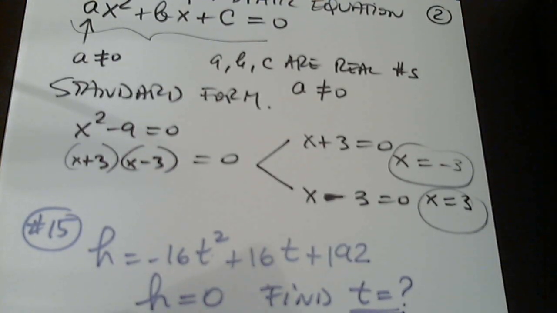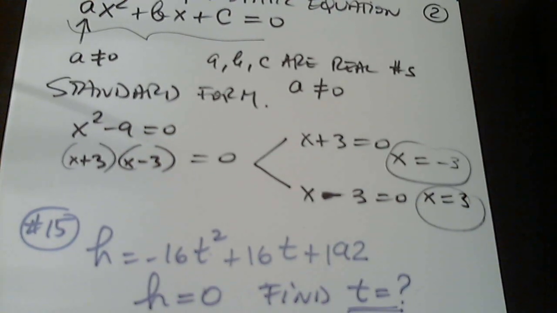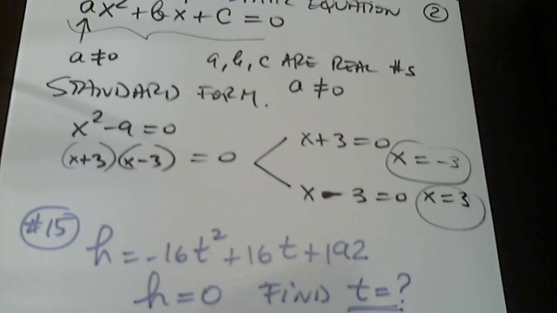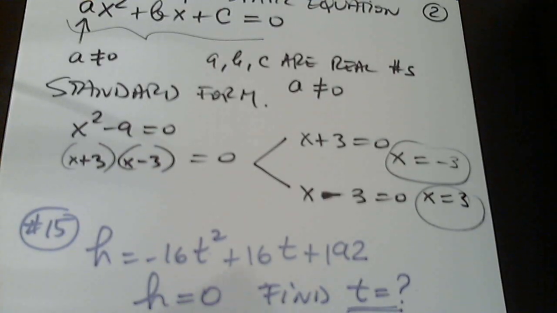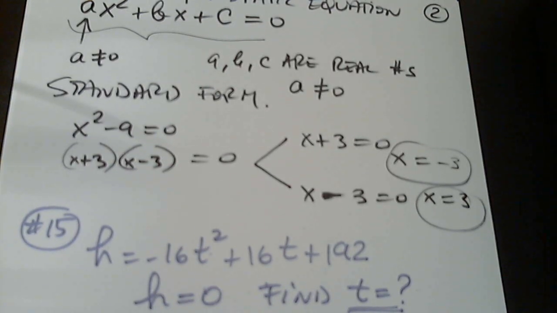It goes up, it reaches a maximum, and then continues down to the ground. I want to determine the time from this moment till this moment. Here, time is 0, and then it goes up, and then down, hits the ground. I don't know what this is. All I know about this point is that the height is 0.